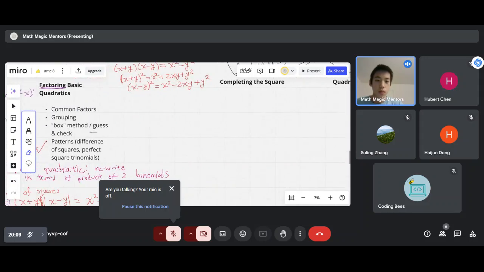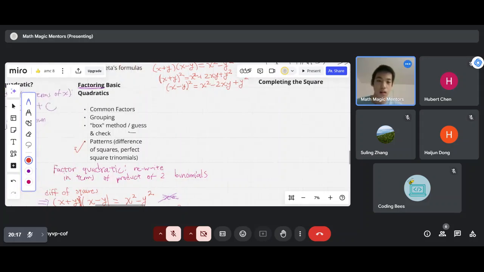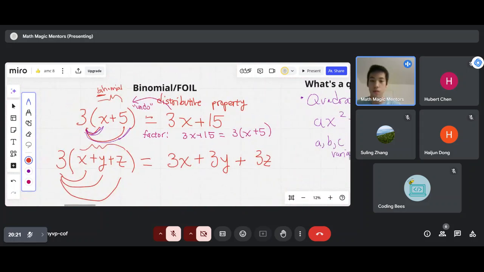One of the really nice ways that we can factor a quadratic is by finding common factors. If you think back to this first expression right over here, the common factor of 3x and 15 is 3.